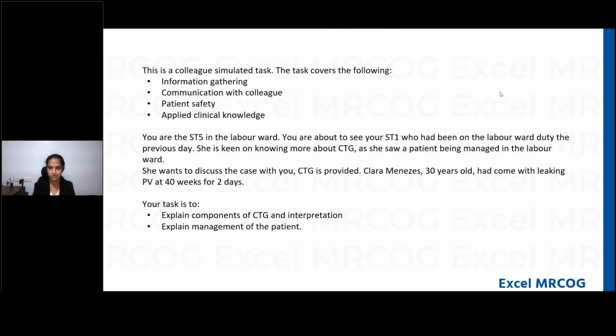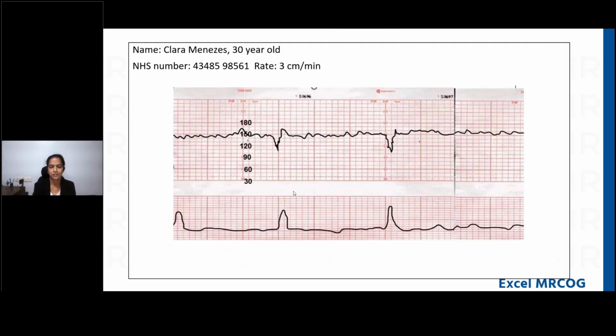So you have seen managing patients based on CTG as well as the patient as a whole. Am I right? Yes, I've seen. Good. Coming to the CTG, this is very important for the patient in labor as well as any antenatal patients.